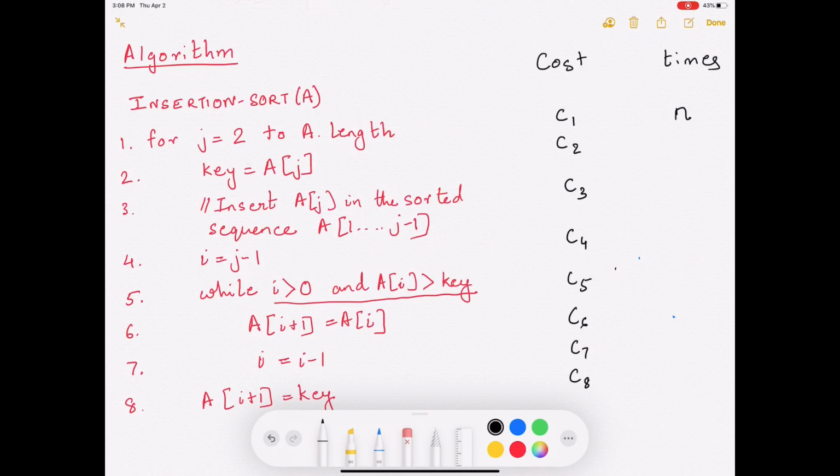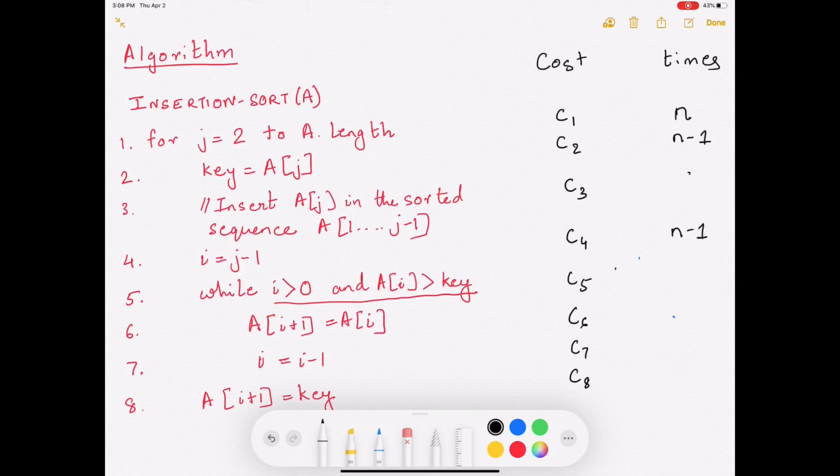Line 2 executes n minus 1 times. Line 3 is a comment, so it executes, but the cost is basically 0. You don't execute comments. So now line 4, that executes n minus 1 times.